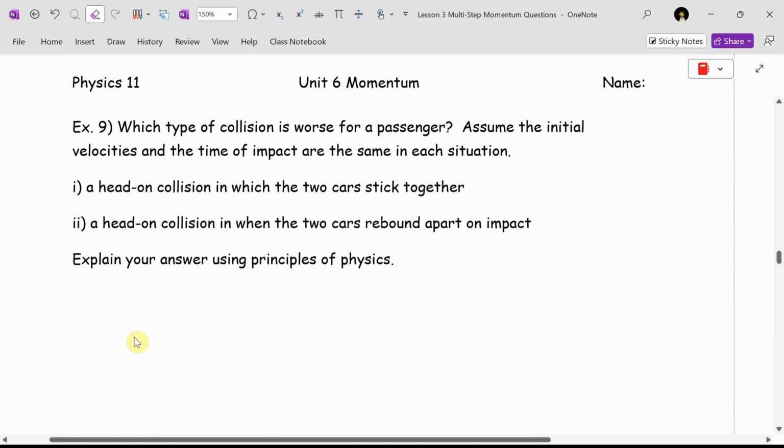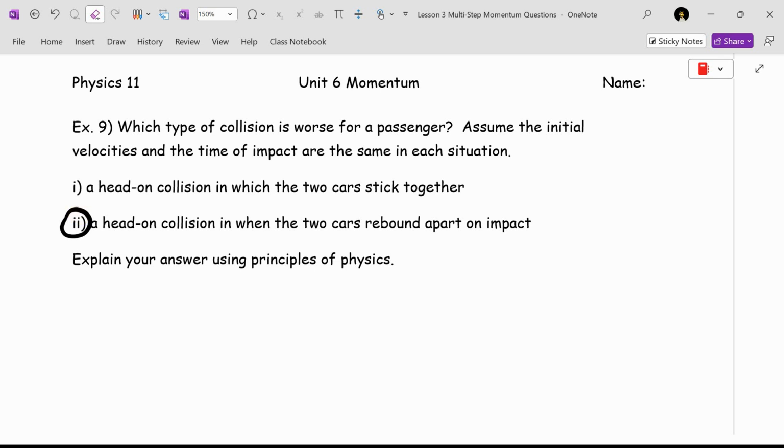So, having seen that, what type of collision is worse for a passenger? Let's assume the initial velocities and the time of impact are the same. What type of collision is worse? A head-on collision where the cars stick together? Or a head-on collision where the cars bounce apart? Yes.